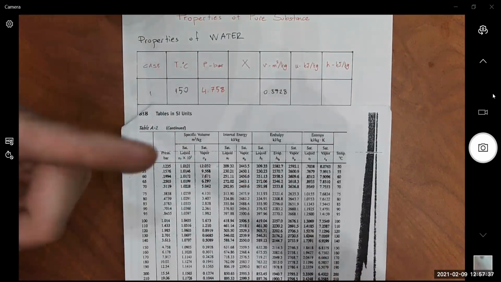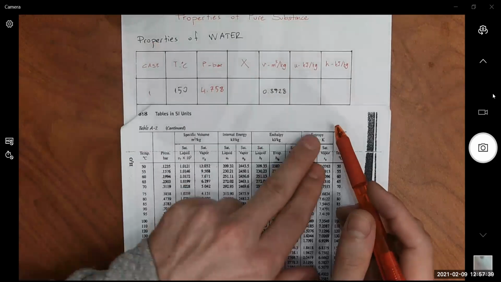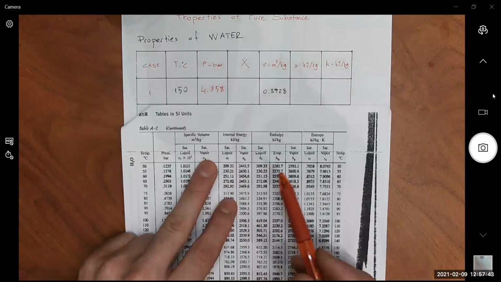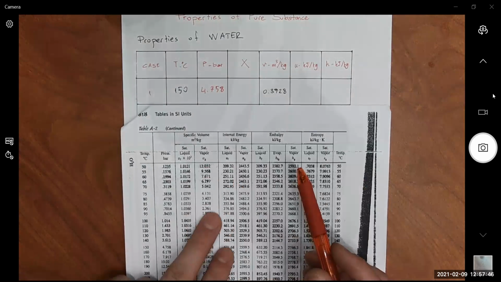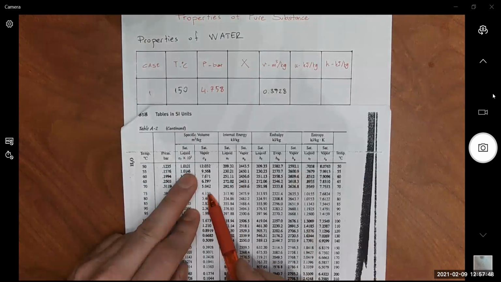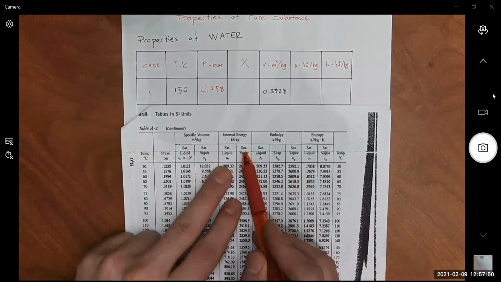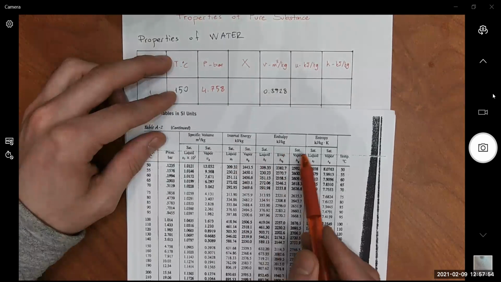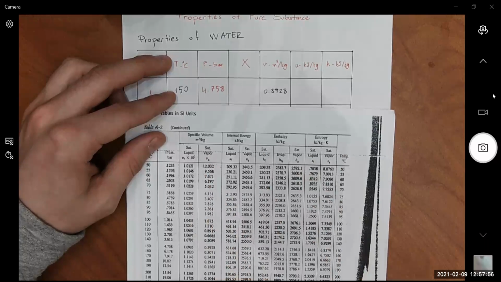Okay? We will solve other examples here. So in this case, I can easily use the value given in the table because I'm in the saturated vapor region. So I can take all internal energy, enthalpy, entropy, specific volume at a saturated vapor region.